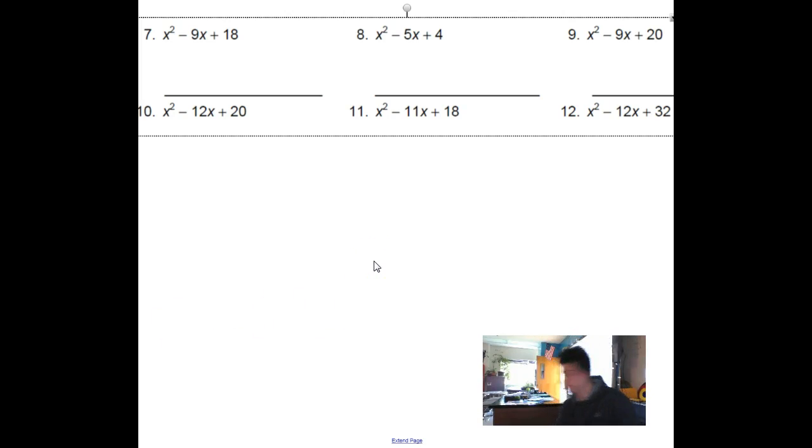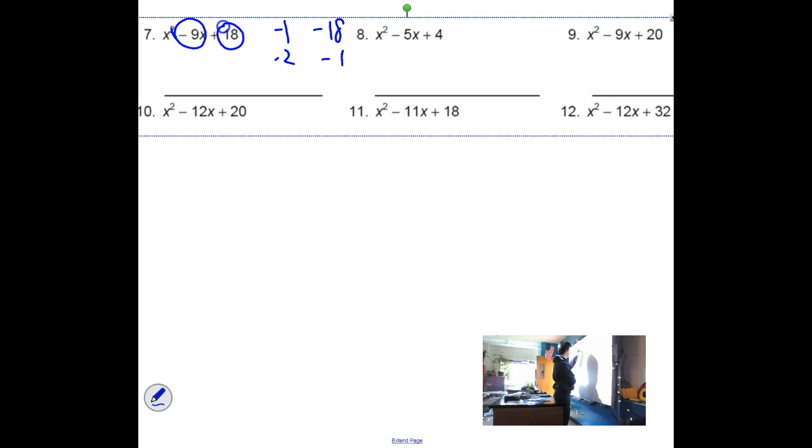Moving on, let's do some examples with a negative. Let's start with number 7. 18 is positive, but b is negative. So we're going to write down factors of 18 that are negative. Negative 1 times negative 18, negative 2 times negative 9 multiply together to equal 18, or negative 3 and negative 6.